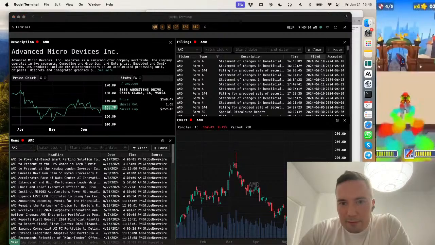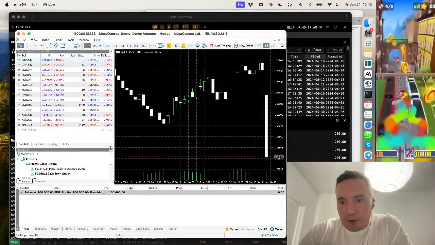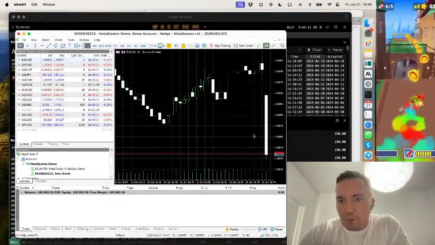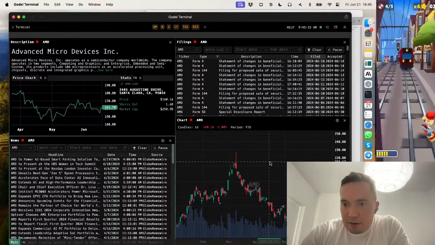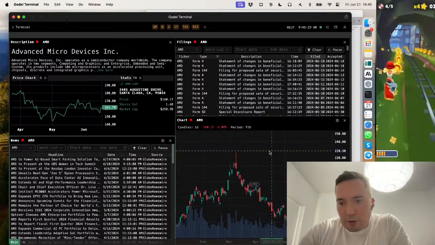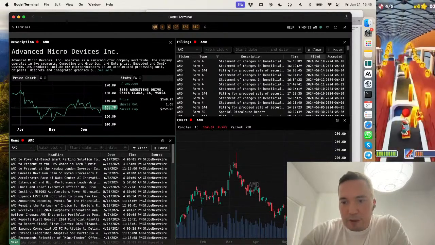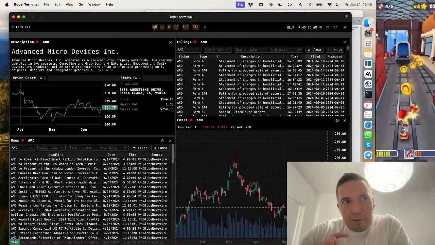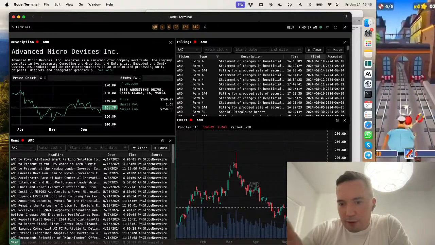However, in MetaTrader, we usually don't have the last price. That's why we cannot reliably draw the chart by the last price. However, in exchanges, usually they have the last price, and they know it, and they use it. And that's why the chart is drawn by the last price. So it's the chart of at what price somebody bought and sold this asset.